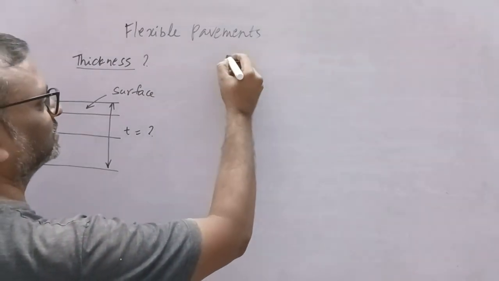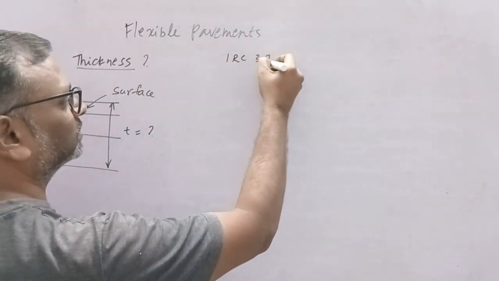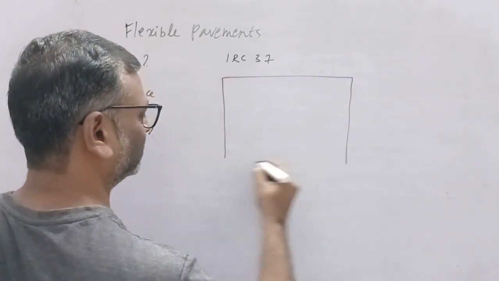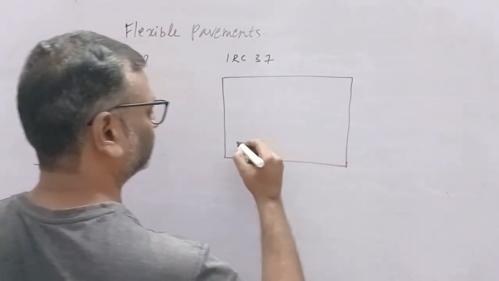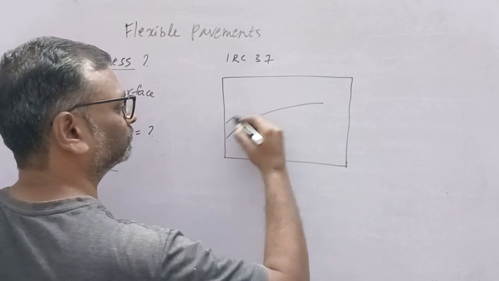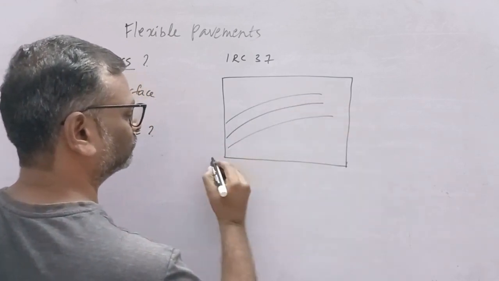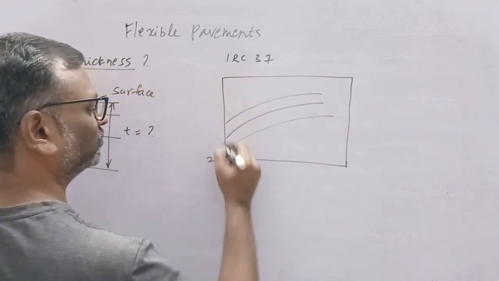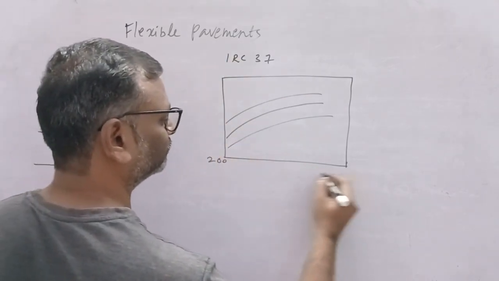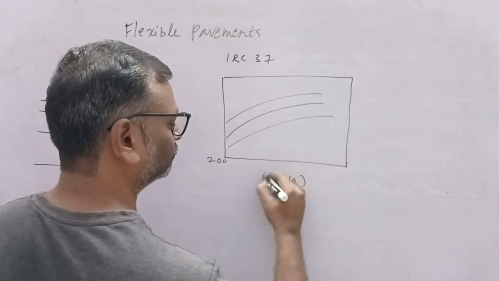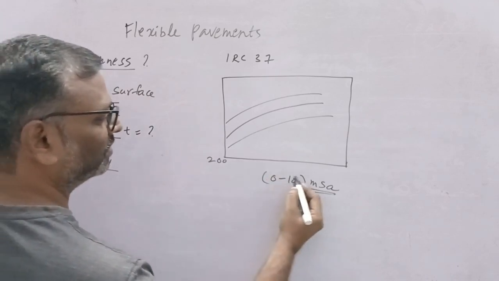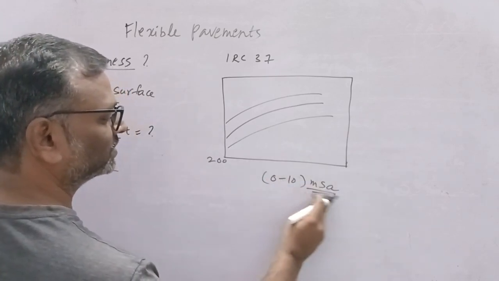In IRC 37, different charts are given for different CBR values, starting from 200 mm, and depending on the traffic in million standard axles.